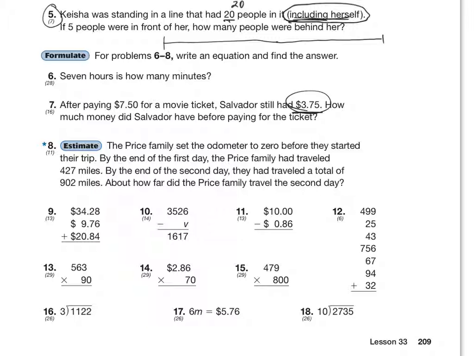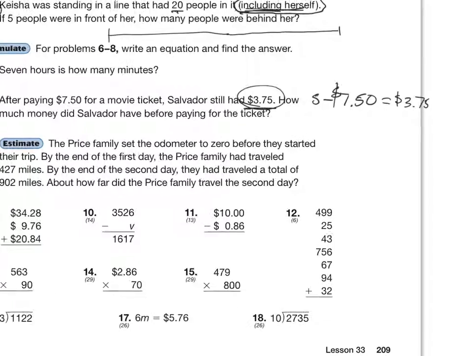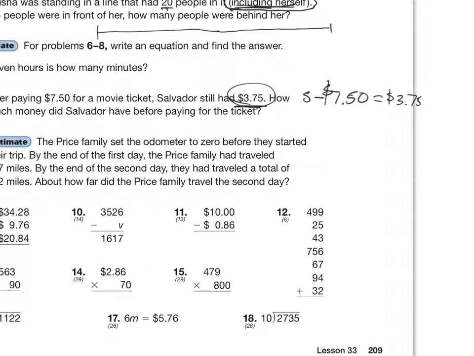So he had sum. We'll just put an S for some money. And he paid $7.50. After that, he had $3.75 left. So 3.75. So here you've got your thing, and then you compare.